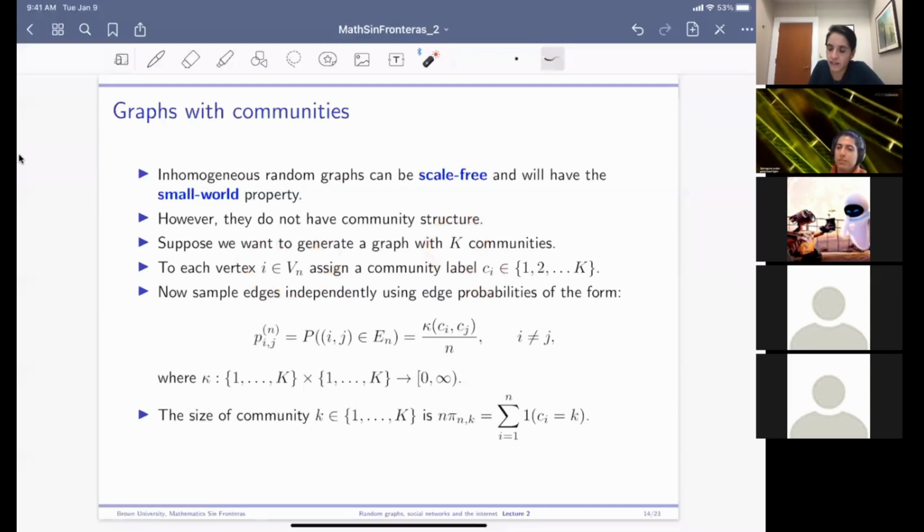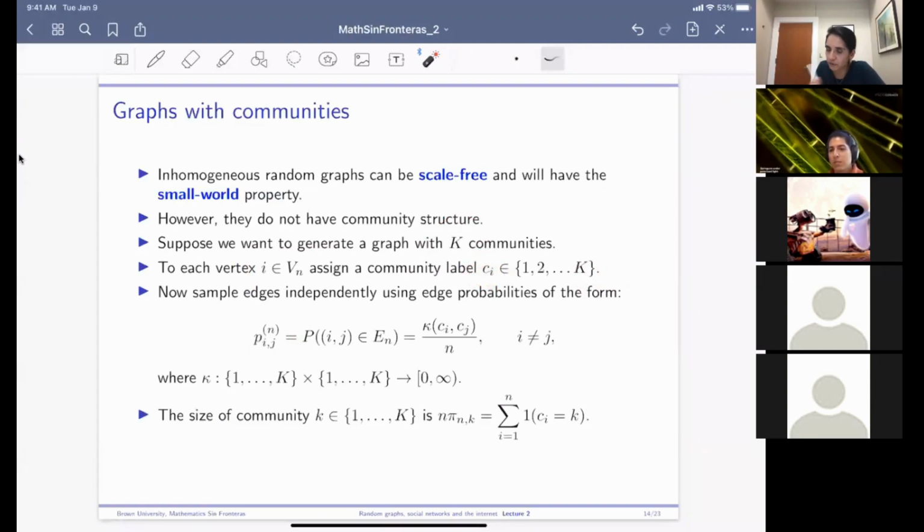If Ci is equal to 3, that means it belongs to community 3. If Ci is equal to K, it belongs to community K, etc. As before, the probability of having an edge between vertex i and vertex j depends on the attributes of my vertices, which in this case are the community belongings.